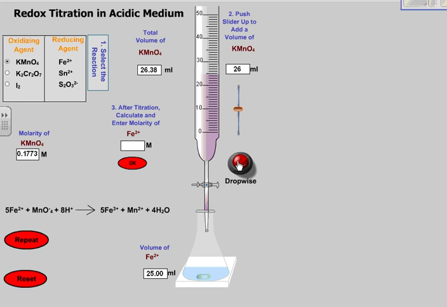Kind of a case to note here, because the color is due to the permanganate, in this case the end point actually would be the equivalence point, because we're not using an indicator that's pH sensitive, but one that actually is involved in the stoichiometry of the reaction.